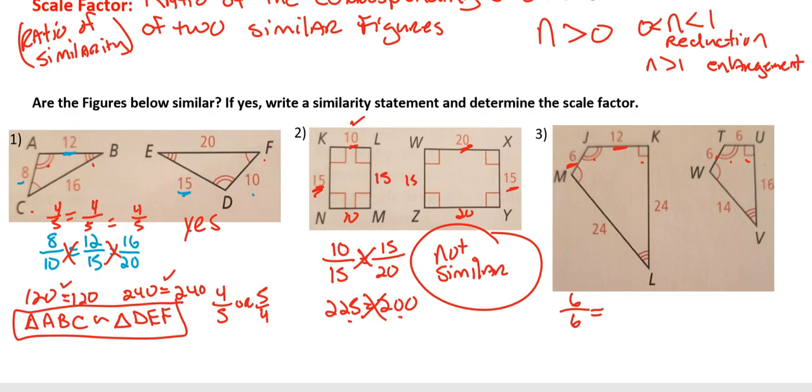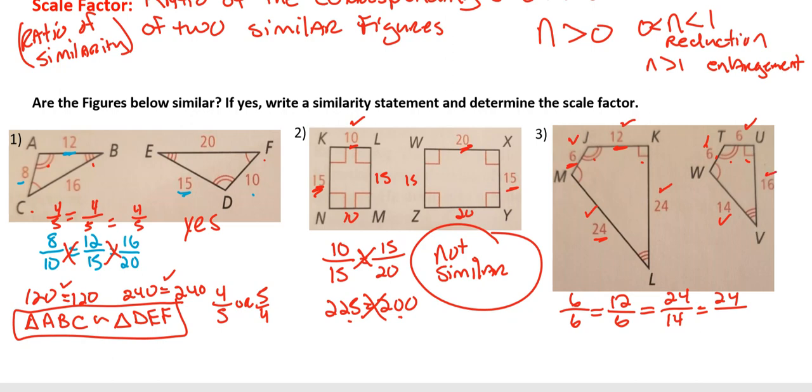Then I'm going to go to 12. It's my next side, least to greatest. And then I have another 6 over here. So I kind of know immediately it's not going to work with that. Keep going. I would have my 24 over here. And then my third side in order from least to greatest would be the 14. And then I have my 24 again.